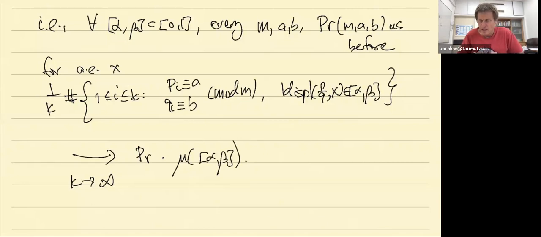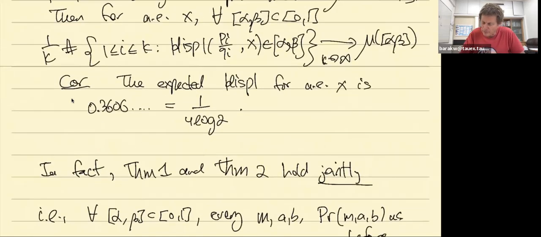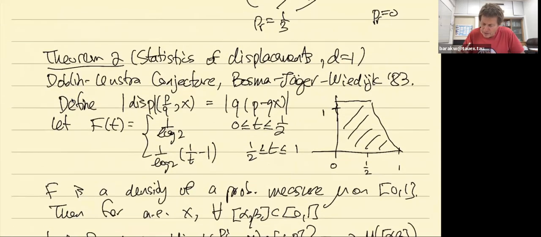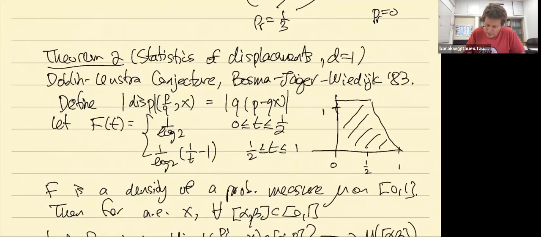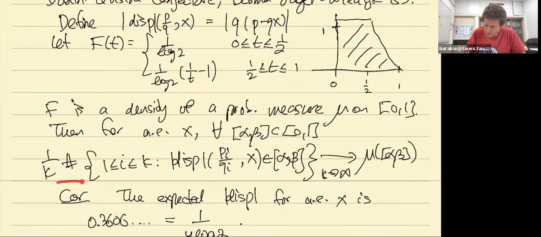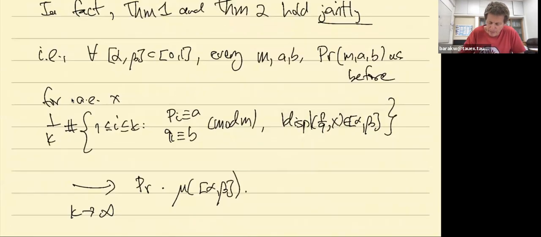For typical x's, for example, if I only care about parity and I ask whether this fact about displacements holds if I only look at those PI and QI for which QI is odd, well, the answer is yes. It's exactly the same distribution. Specifying that QI is odd has absolutely no relation to the distribution of the displacements. That's what I mean by this independence.